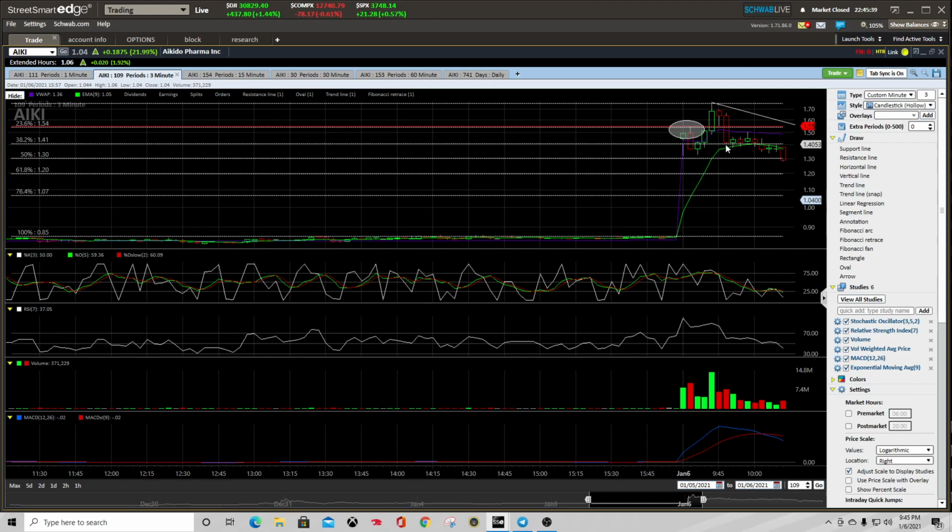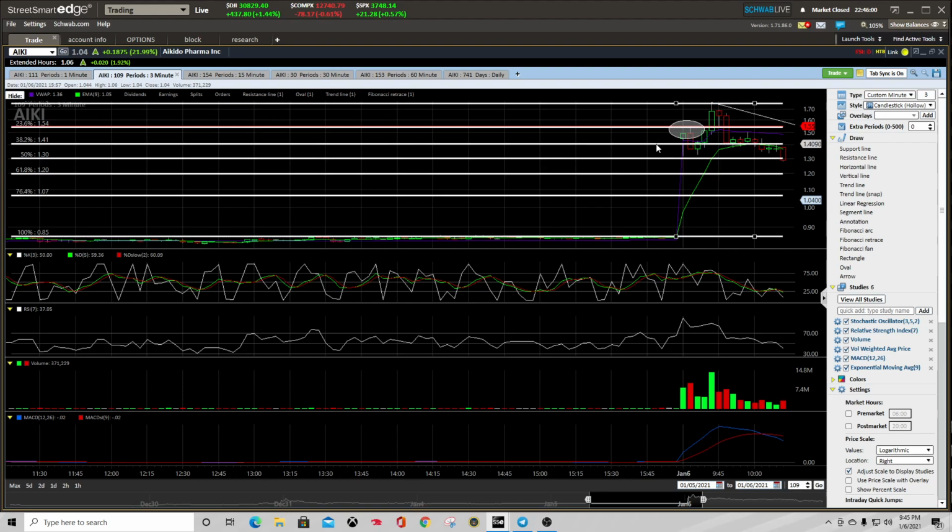You can see the 38.2 fib was at 140. The trade line at the time was at 137. So I said I'm going to put my stop at 130. That way, in reality, I'm using the trade line as my stop, but I have to give a price level. So I said 130.